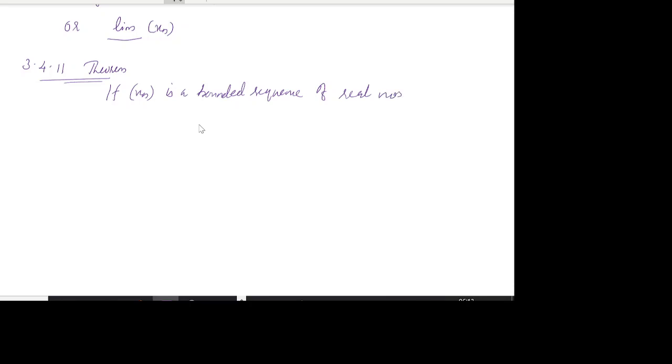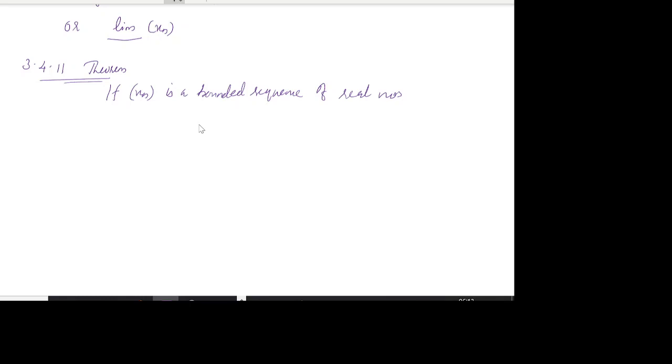Okay, I forgot to tell you, this limit superior and limit inferior are defined in many forms in many textbooks. So you refer to any one of the real analysis textbooks.